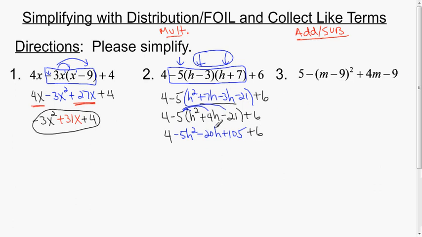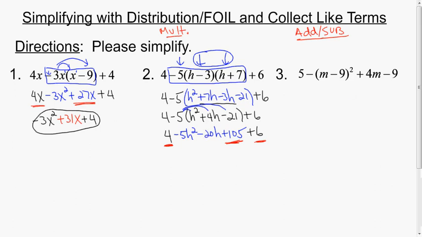So here I'm going to look to collect like terms now that I've done my distribution and foiling. You notice I did some collecting of like terms while doing my FOIL. That happens sometimes, quite often actually. So I see that I have a constant of 4, a constant of 6, and a constant of 105. And then I also have no other like terms.